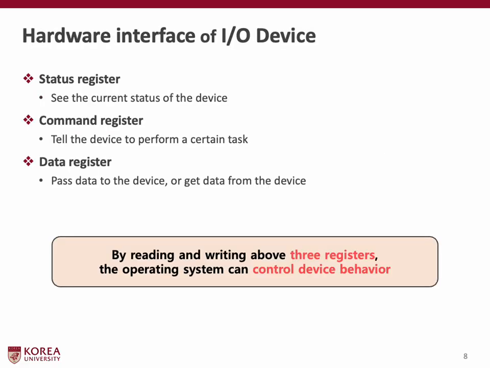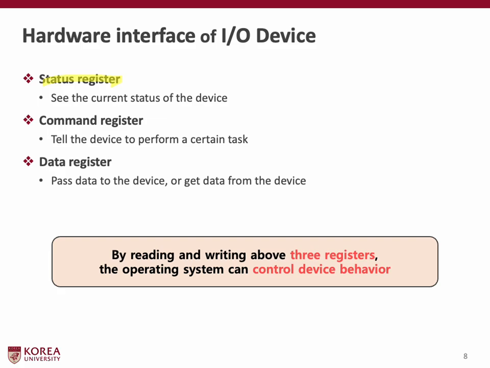The hardware interface of I/O device usually includes several registers. First, there is a status register, which shows the current state of the device. For example, whether it's busy or ready.